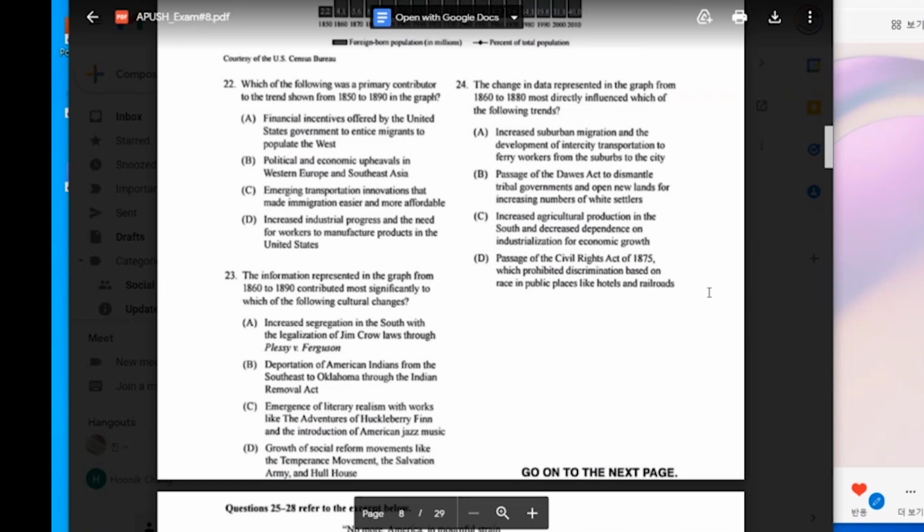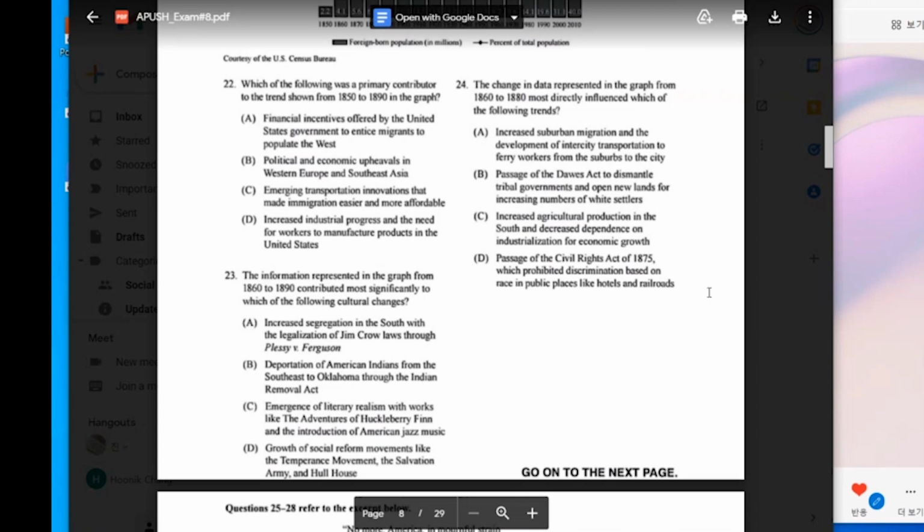Why? Westward expansion reached a peak during this era, right? And you have to know the correlation between westward expansion and immigration. This westward expansion was in part due to immigration, as immigrants sought opportunities on the frontier.